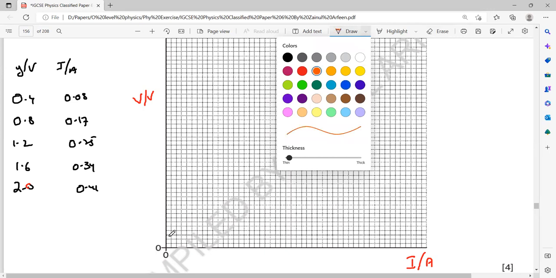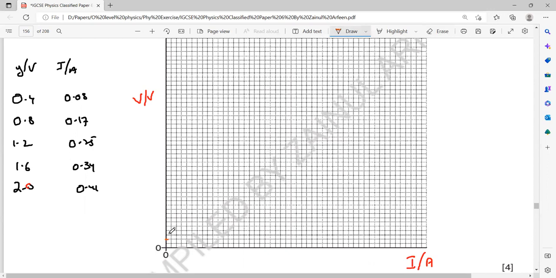Yes, you can use 0.1, 0.2, 0.3 up to 0.10 boxes. So this will be 1. Then this will be 1.1, 1.2, 1.3, 1.4, and so on up to 10 boxes. So this will be 2. So this is the voltage.